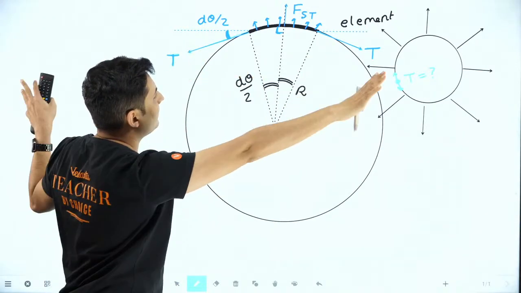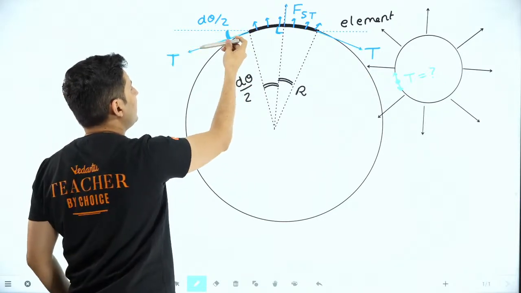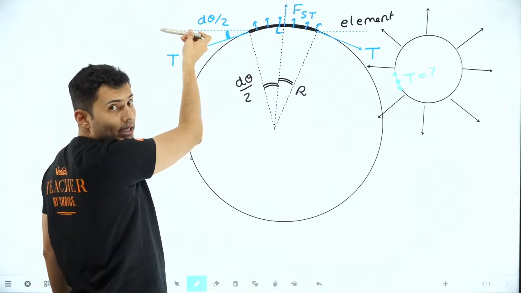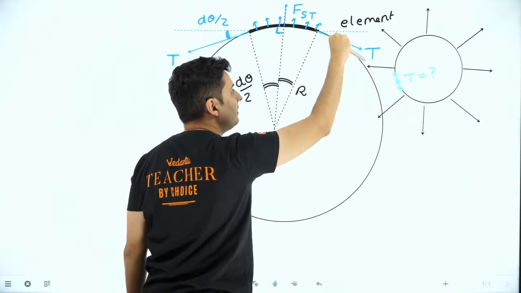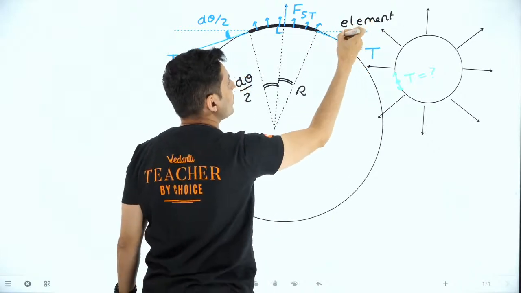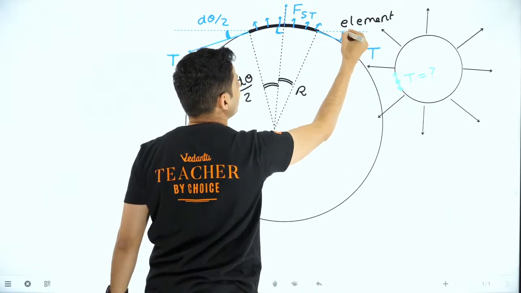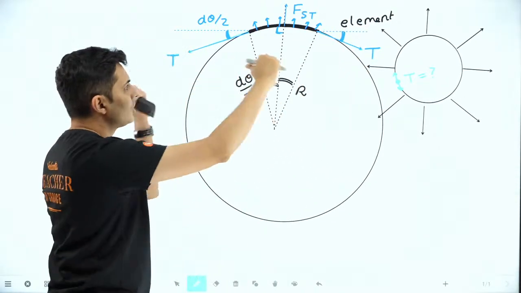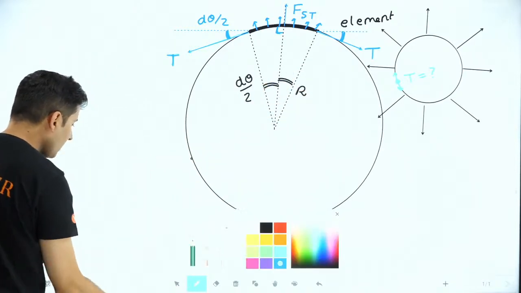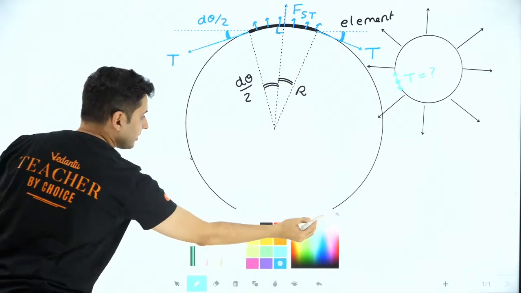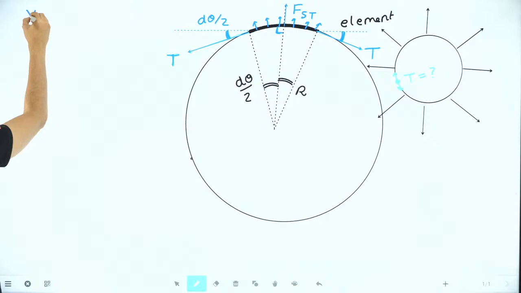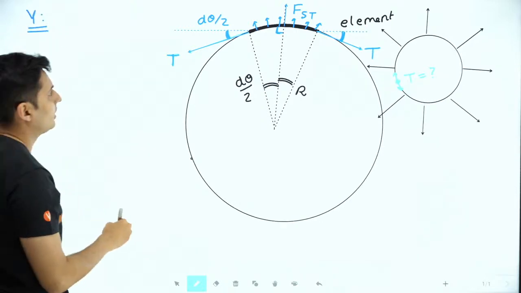Now think this way. In the x direction, this tension's cos component is being balanced by another cos component over here, so they two cancel out each other. But what happens in the y direction? Think about it.